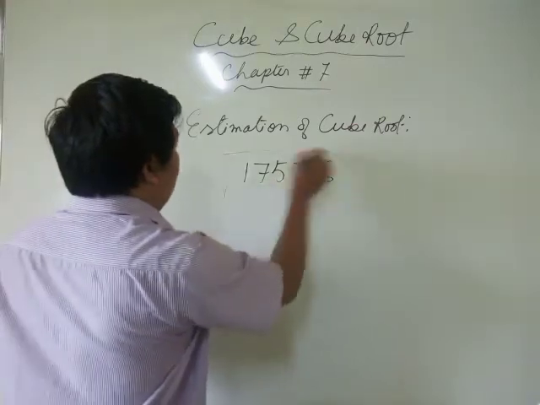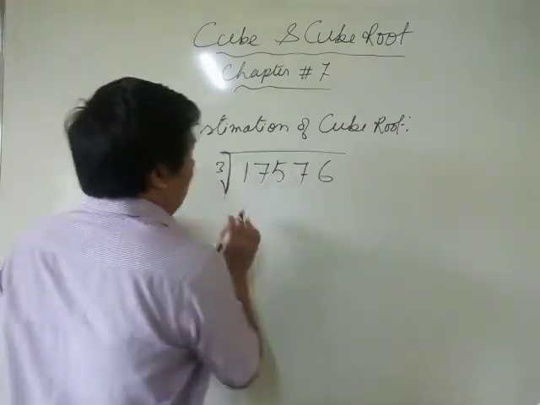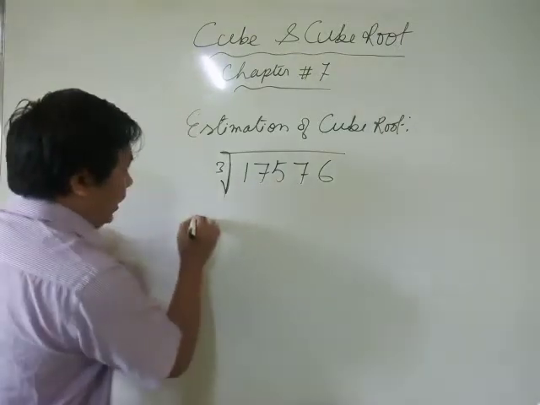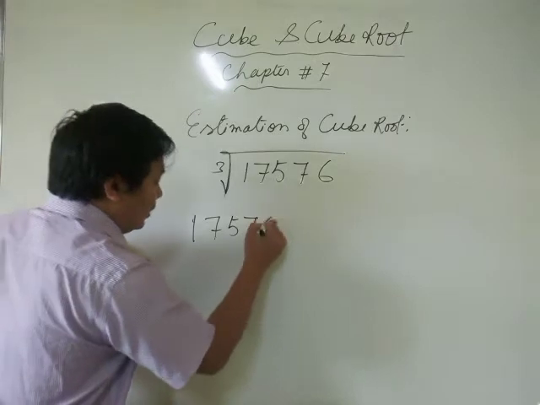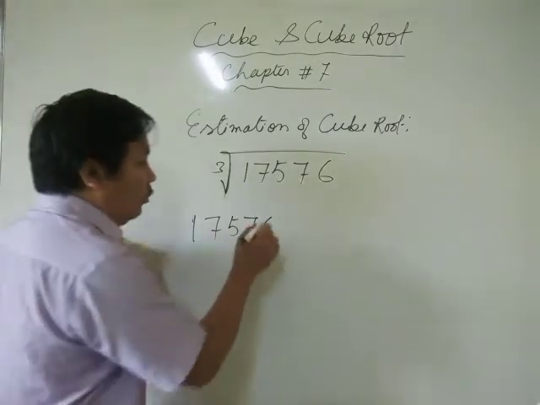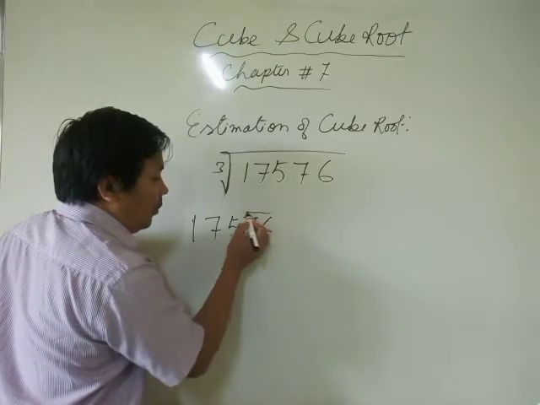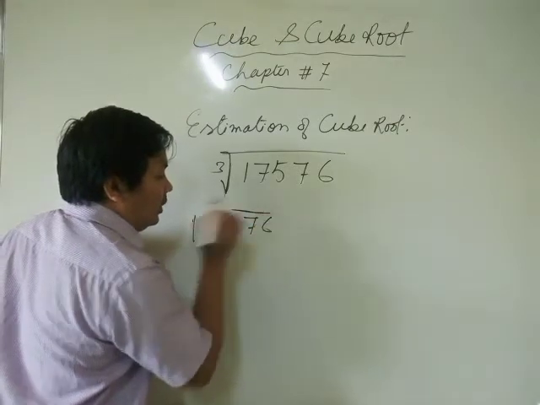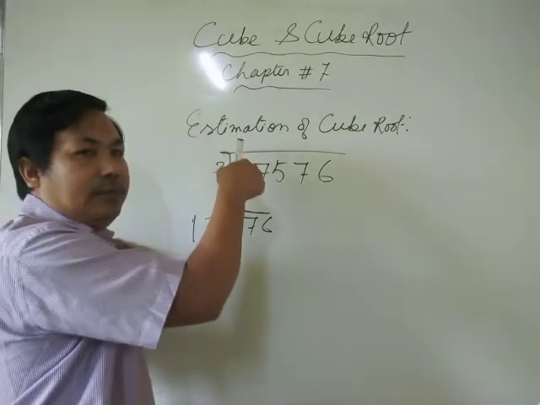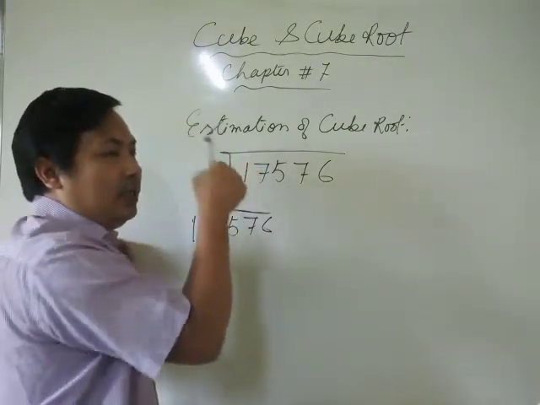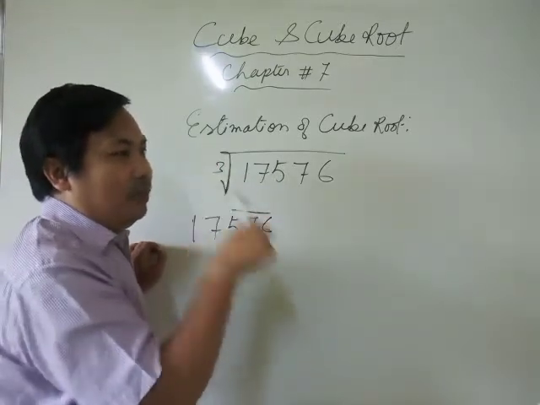For example, to estimate the cube root of this number, take 17576. Start from the right and group 3 digits, because for a cube, 3 is a very important number.